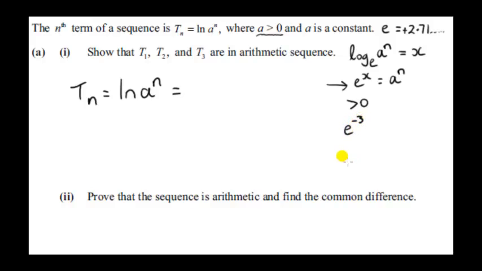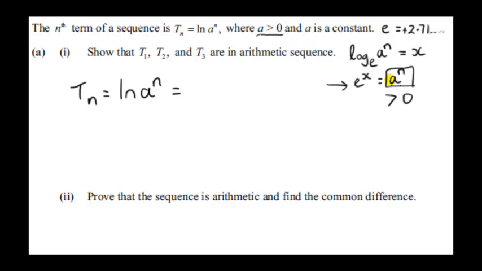Well, that's positive because that's just 1 over e to the power of plus 3. So x can be negative, and we still get a positive result. So this thing here has to be positive because it's equal to e to the power of some number. And to ensure that this is always positive, we have to make sure that a is positive.